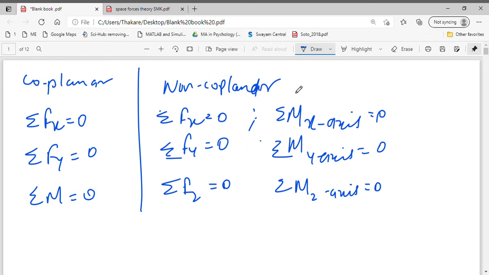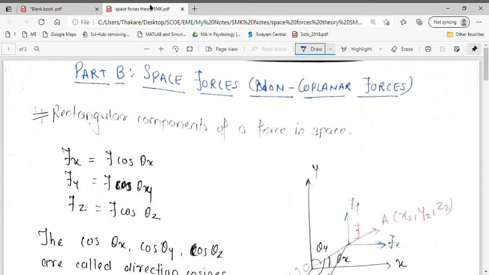These are the 6 conditions of equilibrium for a non-coplanar force system, and these are the 3 conditions of equilibrium for a coplanar force system. Now let us get into it.